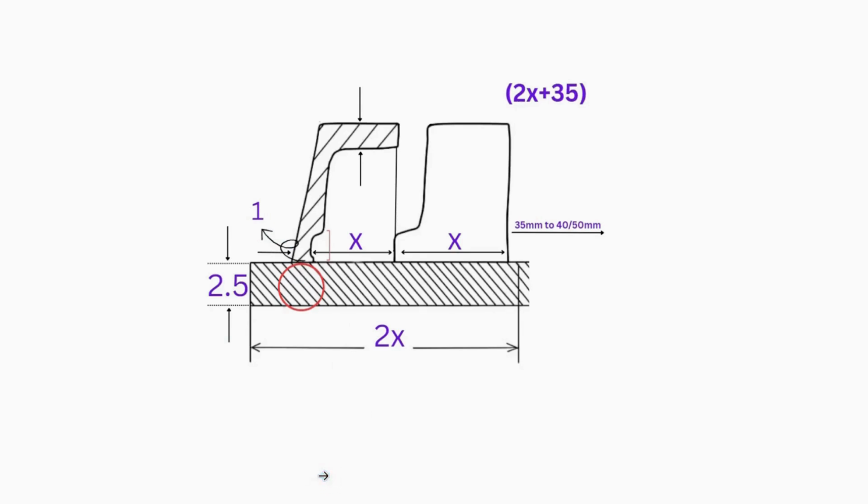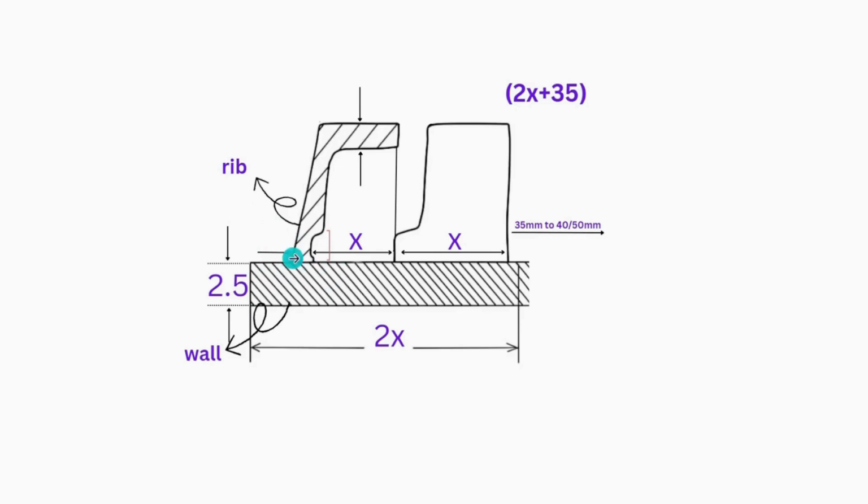There are many basics. I'm not trying to teach you anything, so don't get me wrong. What I'm trying to tell is uniform thickness with a proper rib to wall ratio. This is a rib to the wall. This is the main wall, and this is a rib. That is also to be maintained.